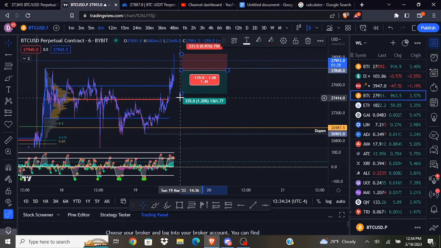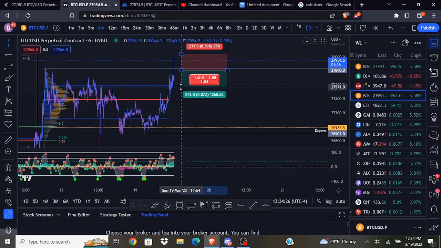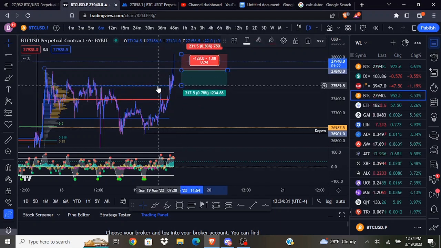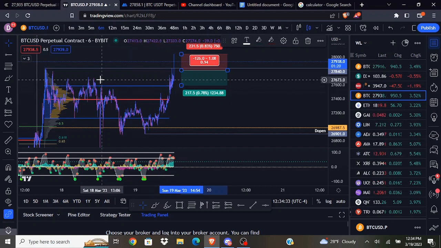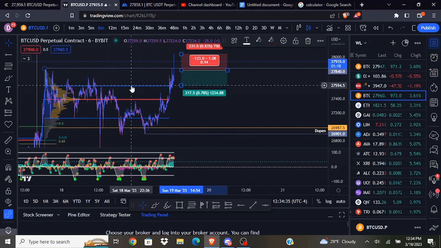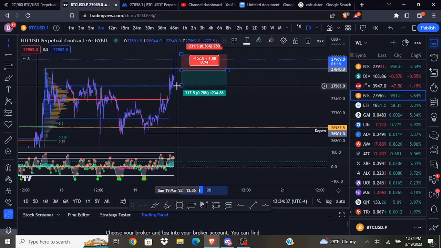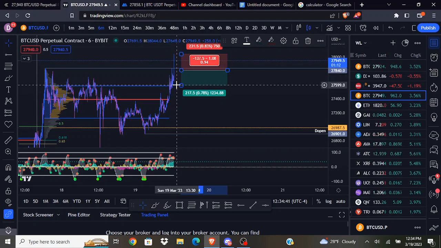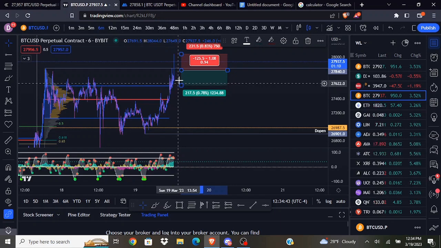But let's say I did take this SFP and price started coming back down. I would want to maybe lock this trade in at this value area high. This seems like the first logical spot to take profit. It's a solid place to retest. There's a chance that if we retest the value area high, we may hold it as support and then continue going higher.